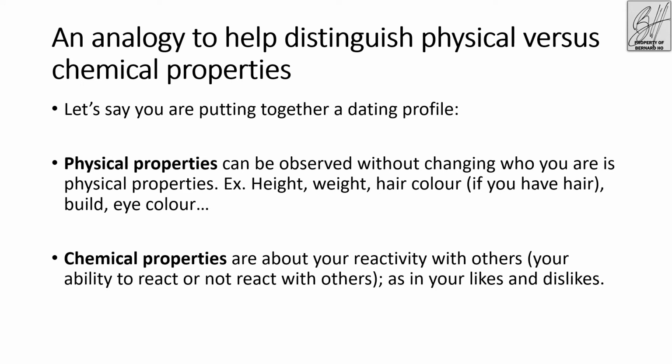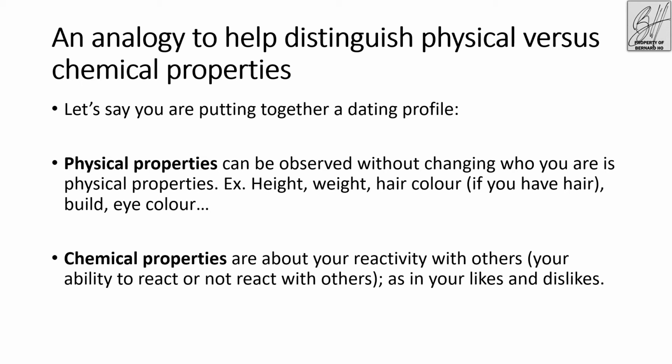One way to think about physical and chemical properties is by establishing an analogy to a dating profile. So properties like height, weight, hair color, build, eye color. Well, those are physical properties because they can be observed while the person is still the same person, right? By contrast, we are probably all familiar with the notion that we aren't necessarily ourselves when we are with other people.